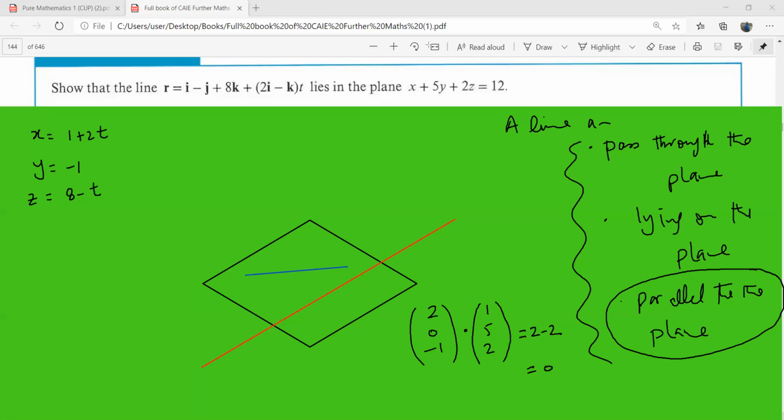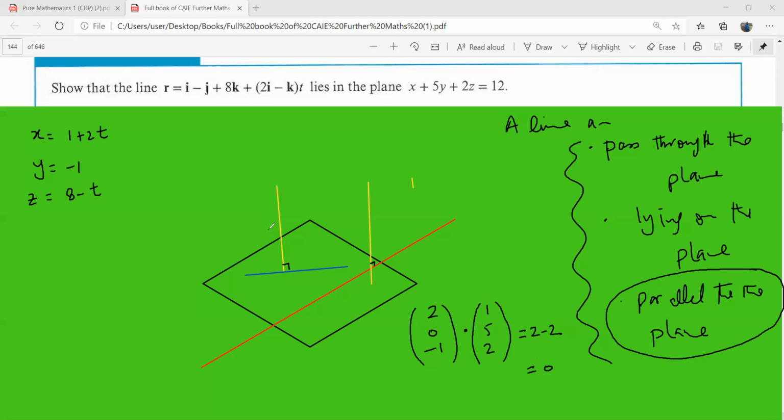Now if you draw the normal to the plane, like going like this, so if this yellow line is the normal to the plane, you see it is going to be perpendicular to both of the lines. Either it's lying on the plane or it is just parallel to the plane. So this dot product between the direction vector of the line and the normal to the plane will be 0.